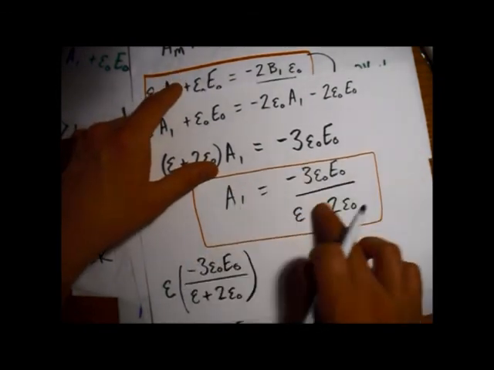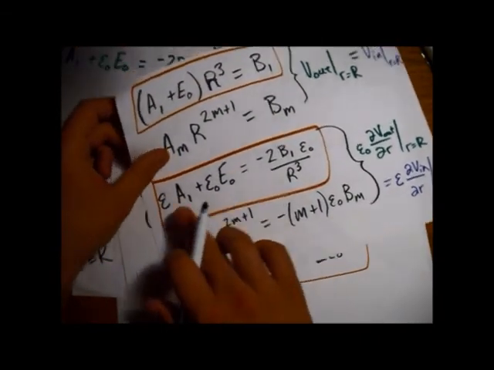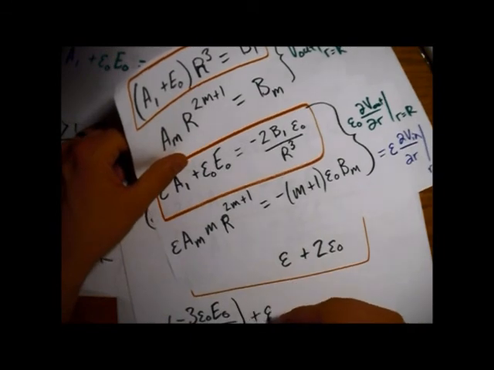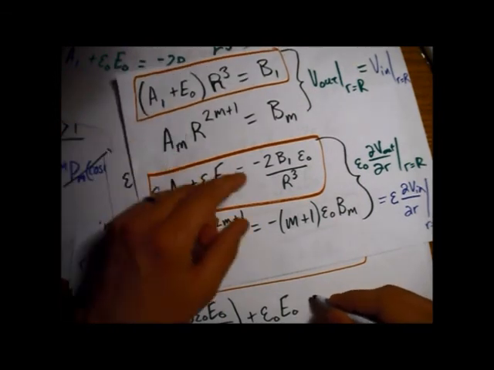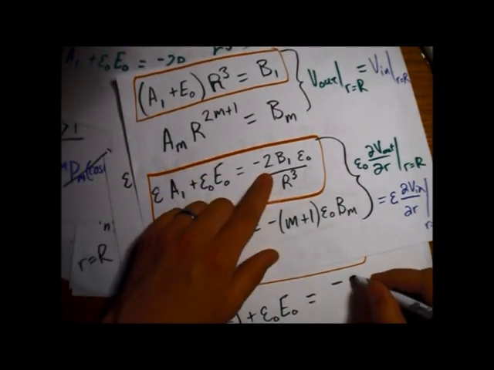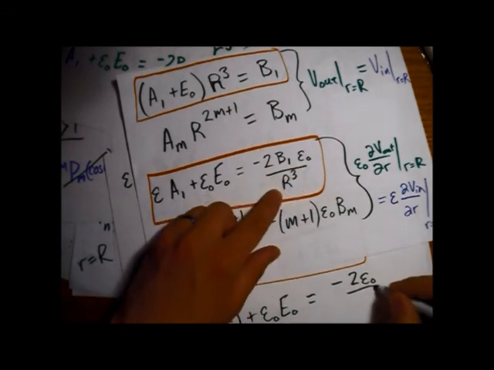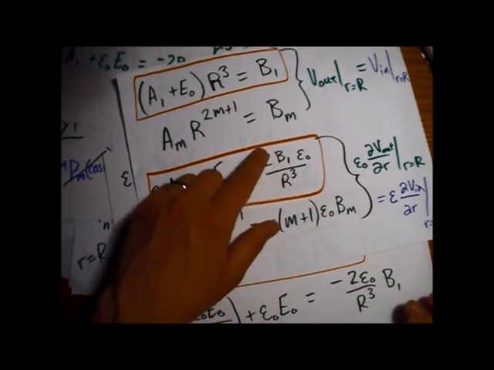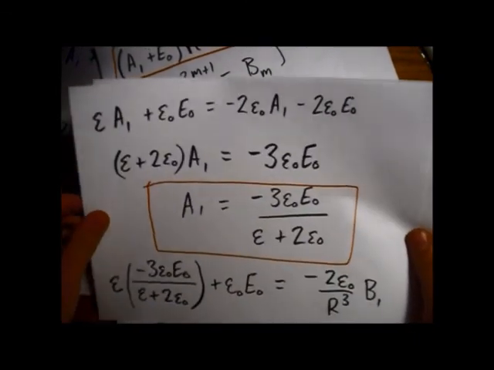All I did was put in this a1 into this slot right here, okay? Plus epsilon naught, so now I'm on to this term, E naught equals minus 2 epsilon naught over R cubed, and then this b1, okay? Because that's what we're solving for now, is this b1.